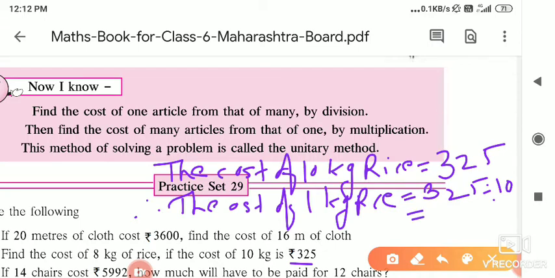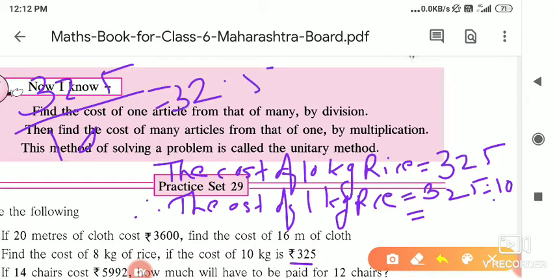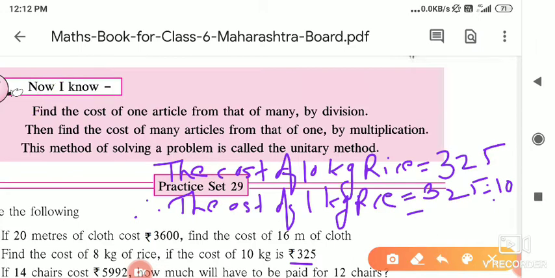If you divide 325 by 10, the answer is 32.5. I have shown you how it came, so here the answer is 32.5.